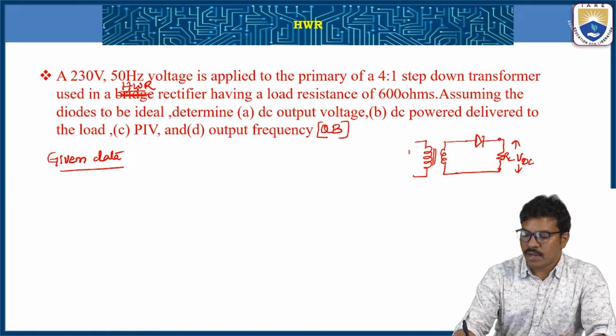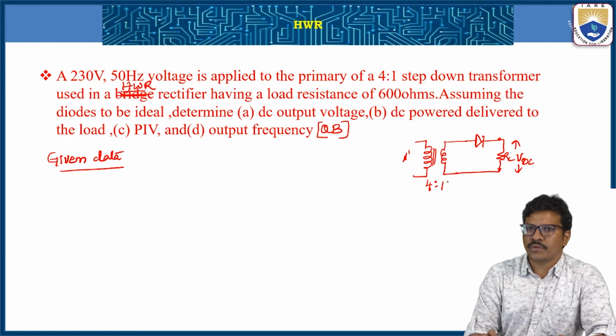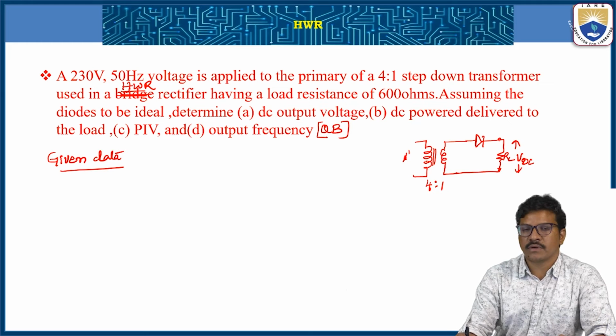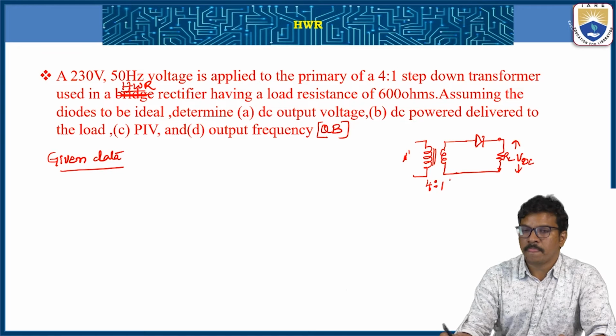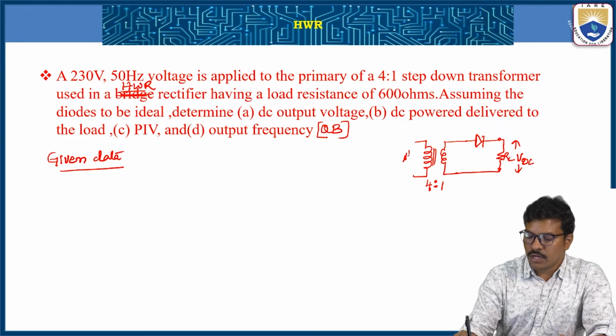This primary coil has a 4:1 ratio, so 4 turns of winding on the primary with respect to 1 on the secondary. So a 4:1 turns ratio.